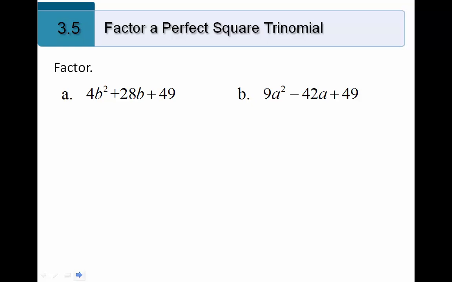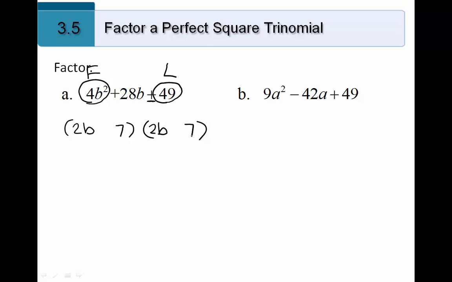So let's just look at these. We have 4b squared plus 28b plus 49. Notice it's positive, so that's good. Our signs will have to be the same. I notice this is a perfect square and this is a perfect square, so that's good. So let's just draw our two sets of parentheses. This would be our F and this would be our L. So 2b multiplied by 2b would have to be 4b squared if it was a perfect square trinomial. And 7 multiplied by 7 would have to be 49. So let's just check our inner and outer.